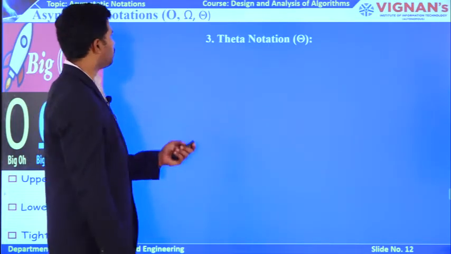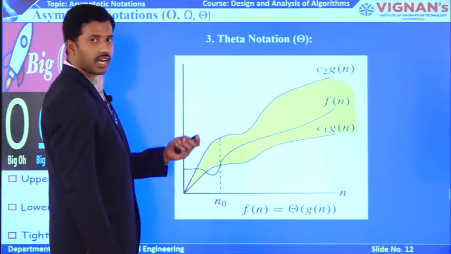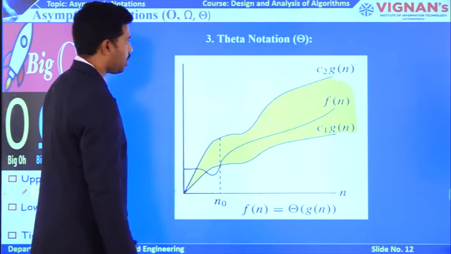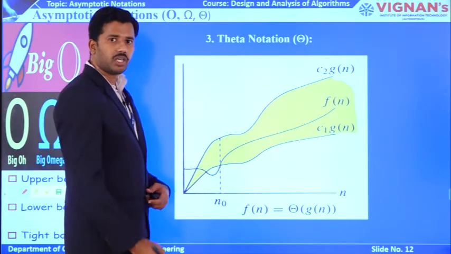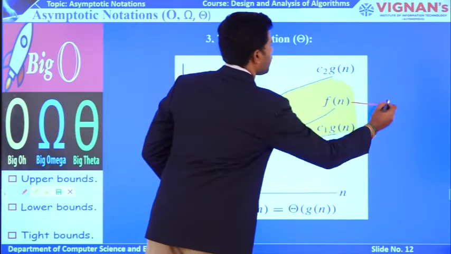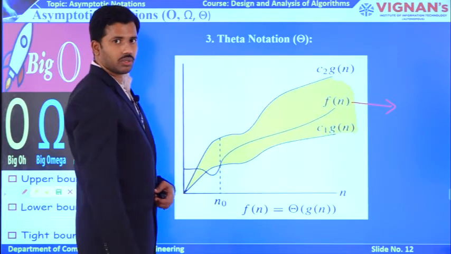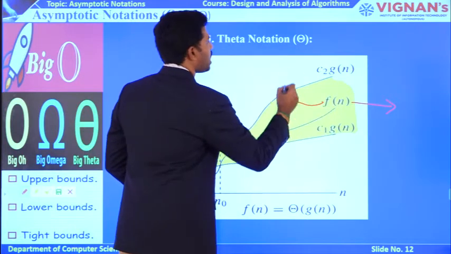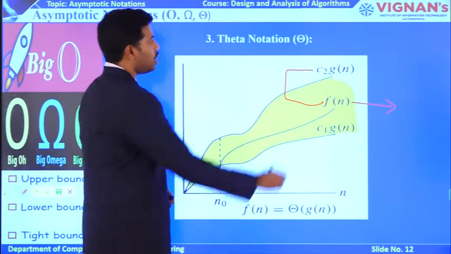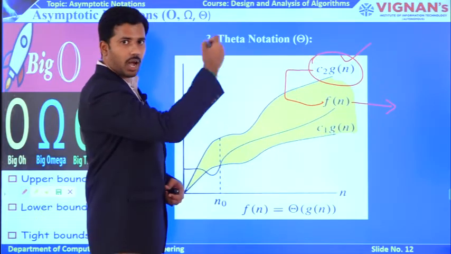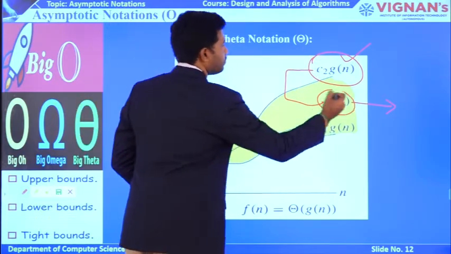Now this is the graph, which is showing the relationship among f of n as well as c1 into g of n as well as c2 into g of n. If you observe here, f of n is going to be the worst case, average case. Why? Because by comparing f of n as well as c2 into g of n, c2 into g of n is growing rapidly or having an upper bound value than f of n.